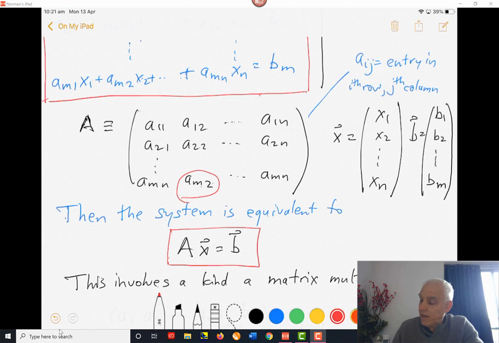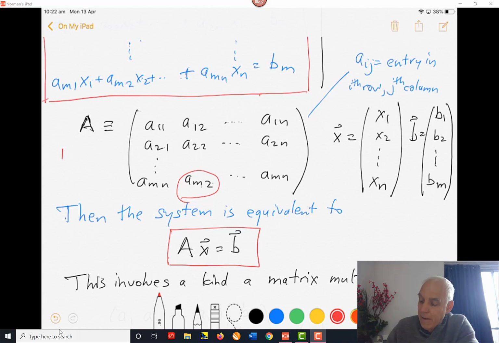The other ingredients we need are the vector x, consisting of just the variables x1, x2 down to xn, and the vector of numbers on the right-hand side of the system, which we're calling b. That's the vector b1, b2 down to bm. Those vectors are not the same size.